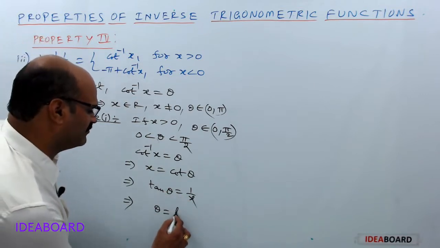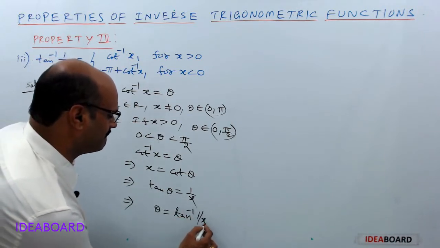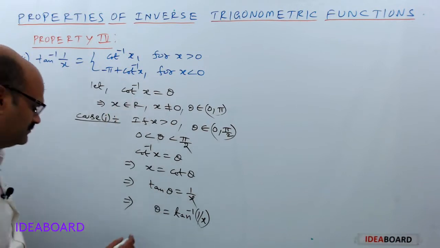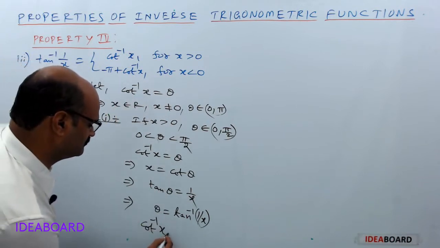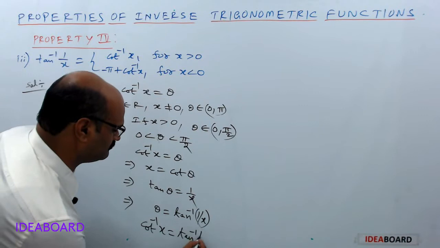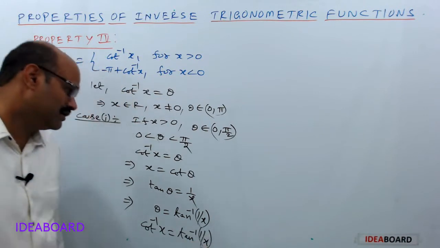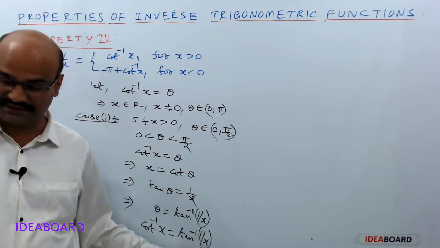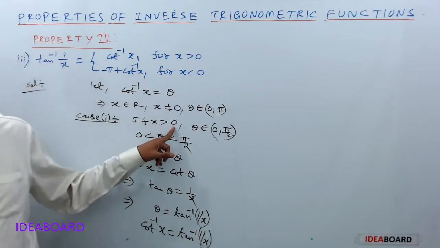Theta equals tan inverse of 1 by x. But theta equals cot inverse of x. Therefore, cot inverse of x is equal to tan inverse of 1 by x if x greater than 0.